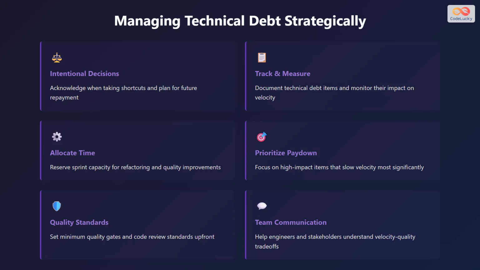Prioritize paydown by focusing on high-impact items that slow velocity most significantly. Set quality standards through minimum quality gates and code review standards upfront. And communicate clearly with your team and stakeholders about velocity quality trade-offs. This strategic approach lets you use technical debt as a tool rather than letting it control you.